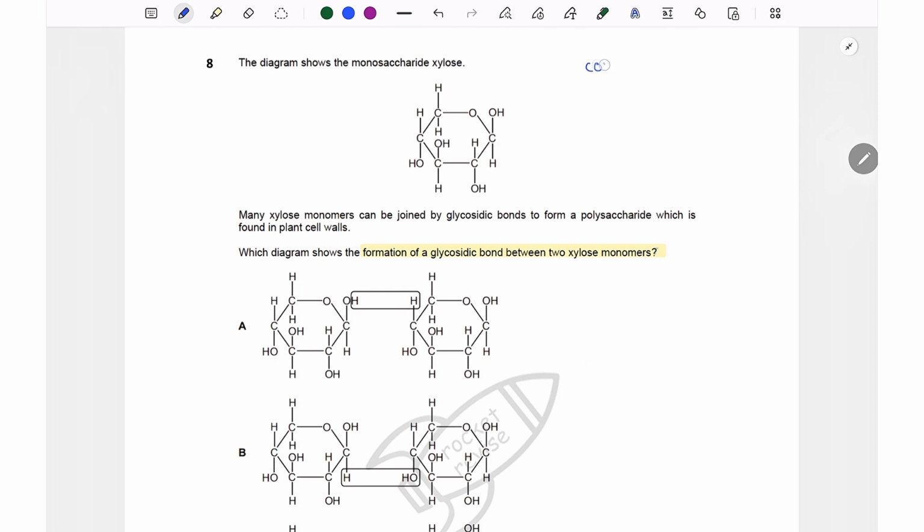Let me write it down here, condensation reaction. In a condensation reaction, a water molecule would be lost, and you'd have the oxygen joining the carbon of both monomers.